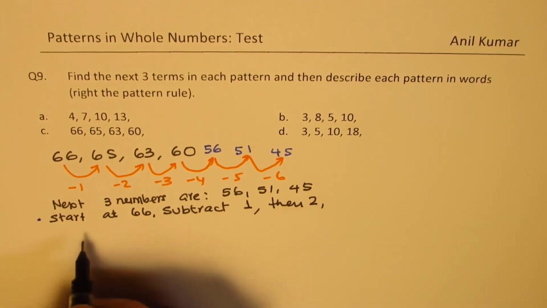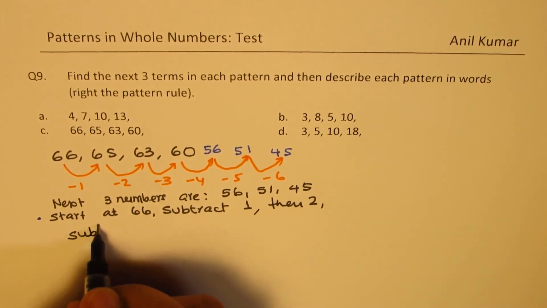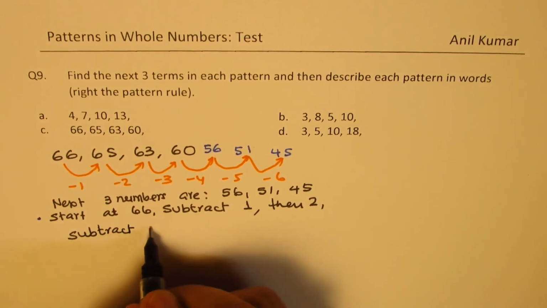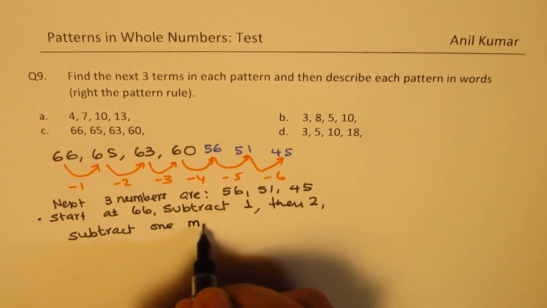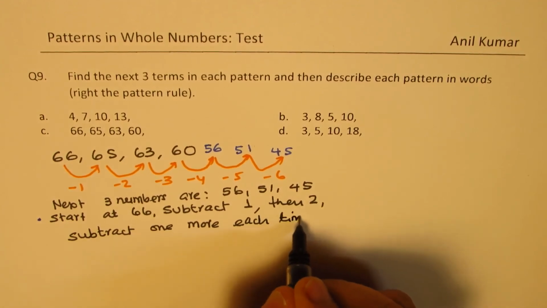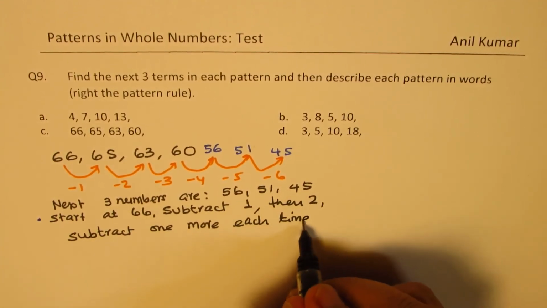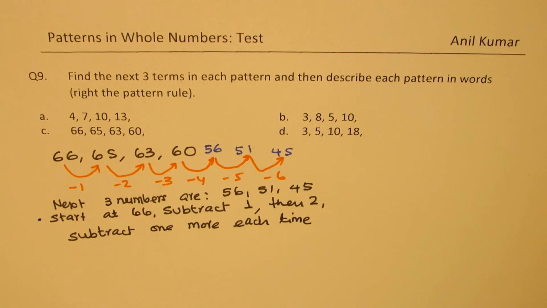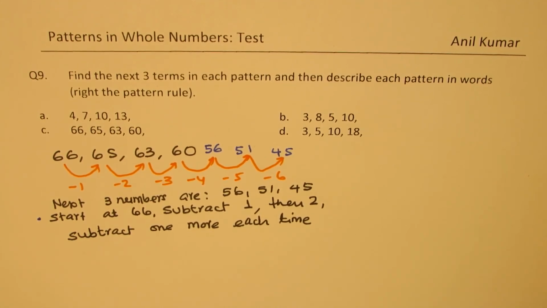So basically what we are doing is subtract 1 more each time. Is that clear to you? So in this case, each time we subtract 1 more, right?